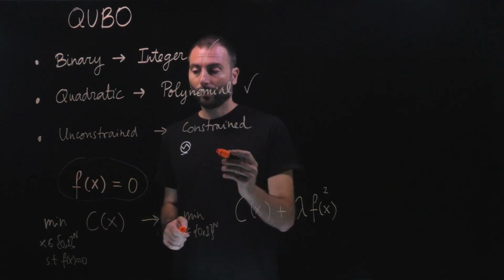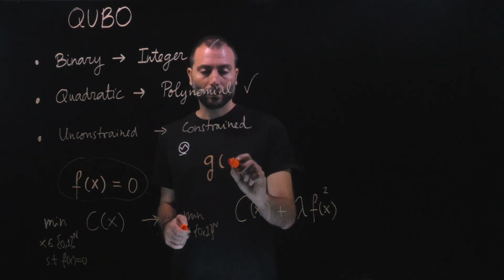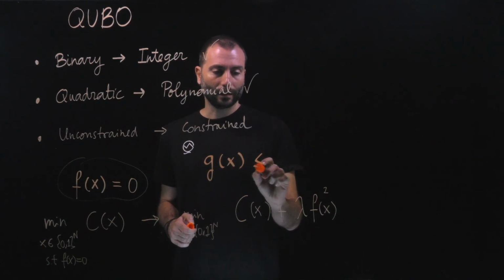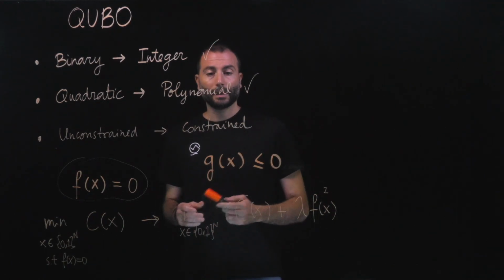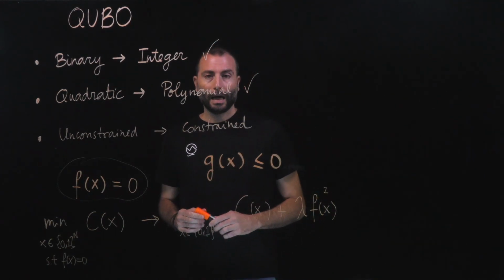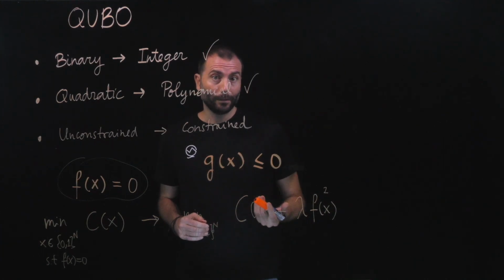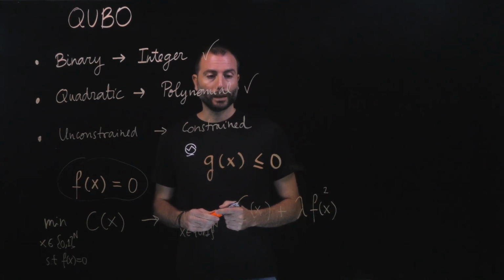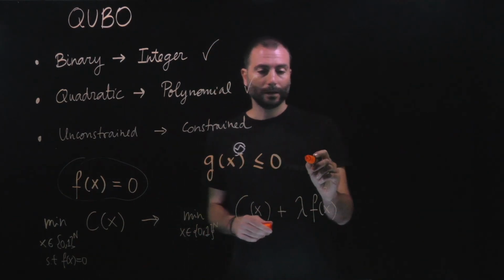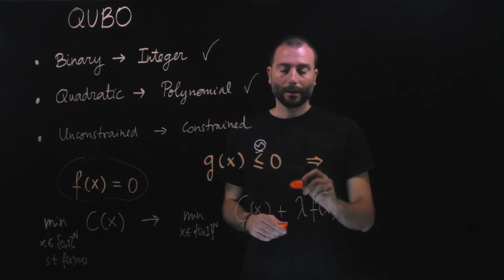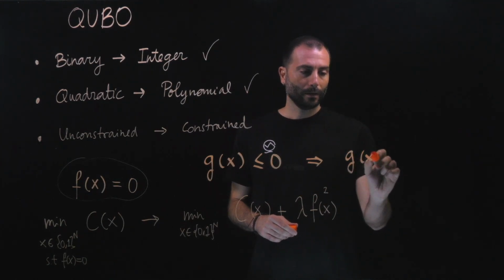For instance, we could suppose that we want our solutions to also fulfill the condition that this quantity is negative or zero. Okay, this type of constraint can also be imposed, and the way to impose them is adding an extra variable. So we can see that if this quantity is negative, this can be well expressed in this way.